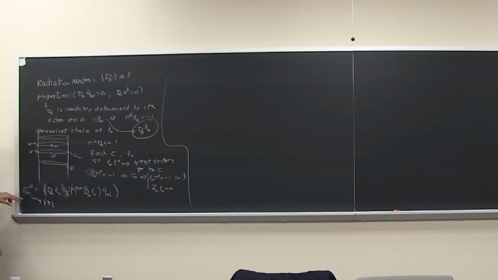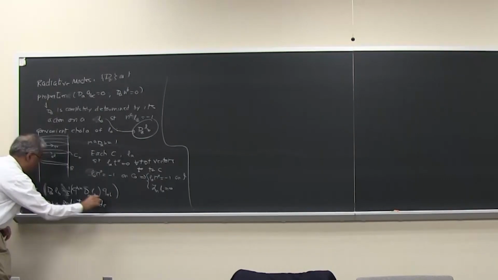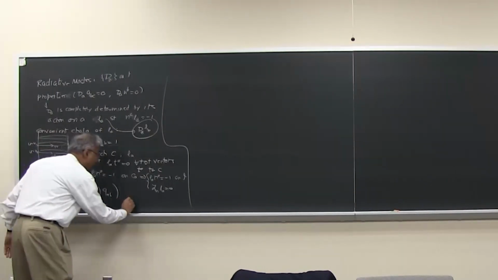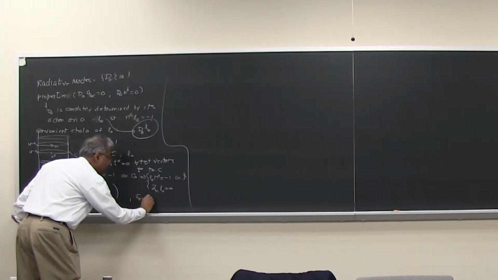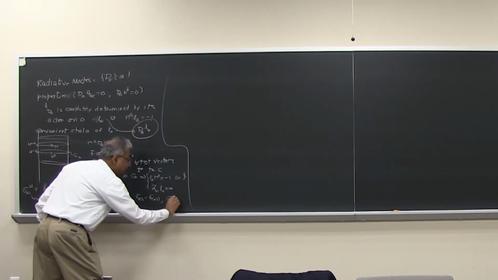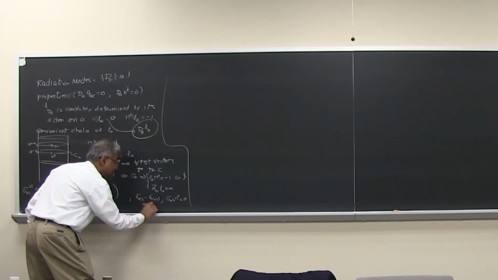So if you remove that, then we get the equivalence classes of derivative operators, which are radiative modes. So this is the radiative mode. That radiative mode to which our derivative operator belongs is completely characterized by this sigma, and this sigma is symmetric, sigma is transverse to n, and sigma is traceless.